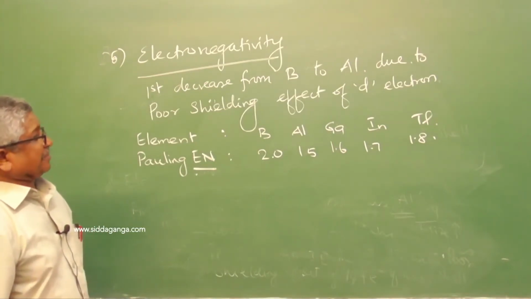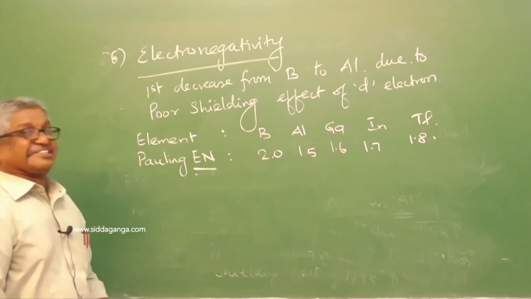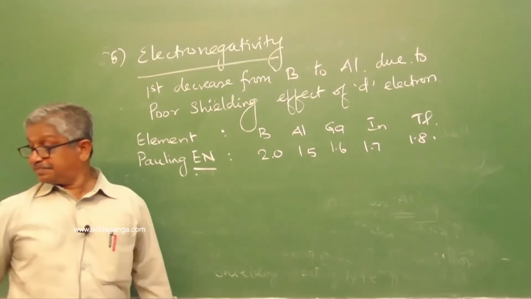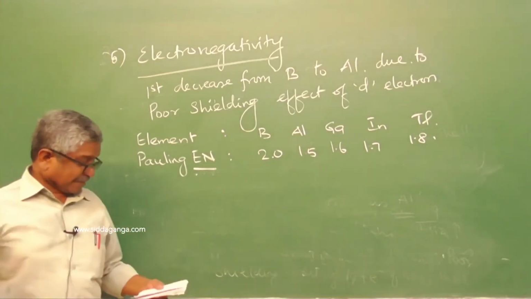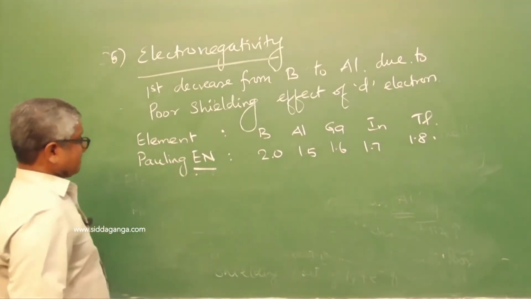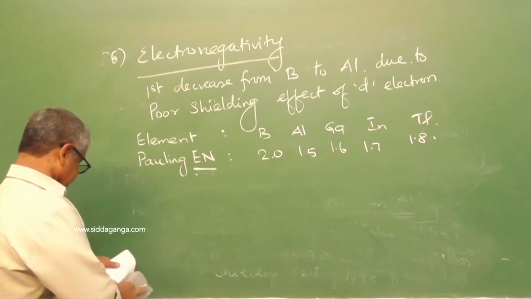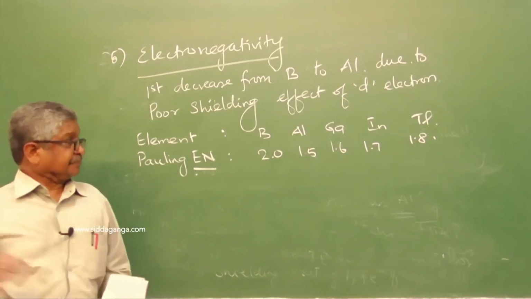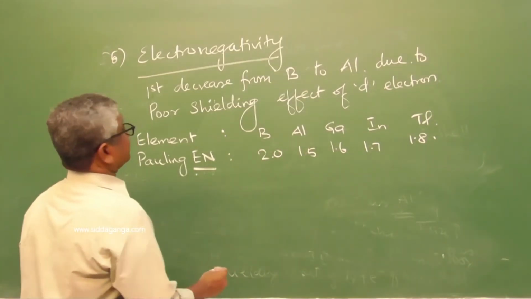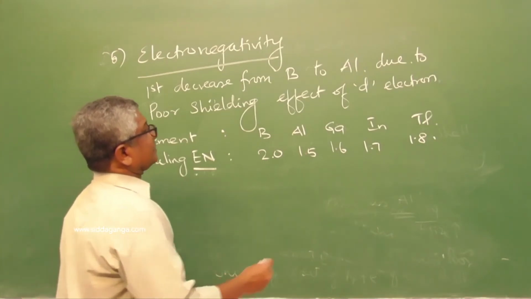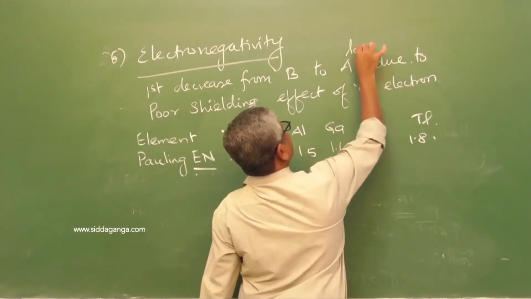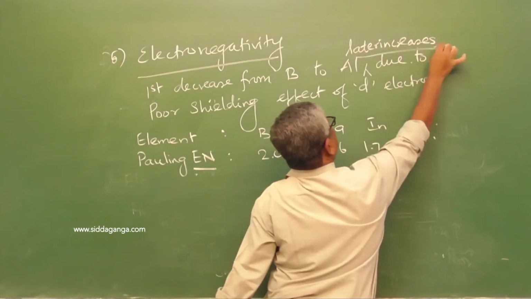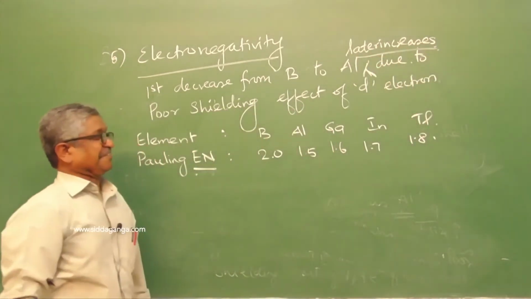It decreases from boron to aluminum and later increases due to poor shielding effect of the d electrons.